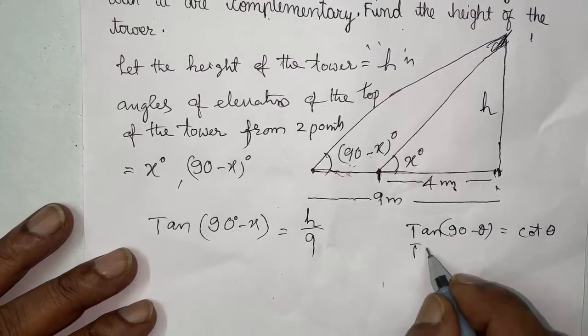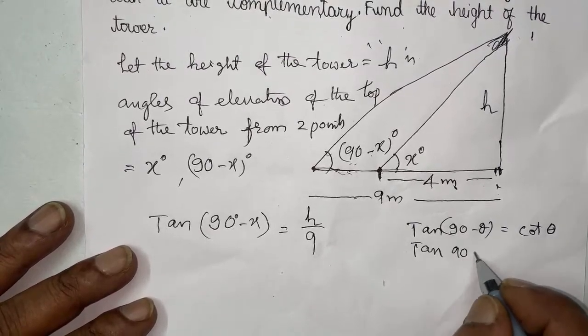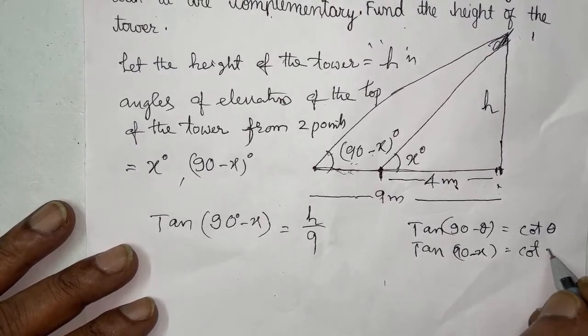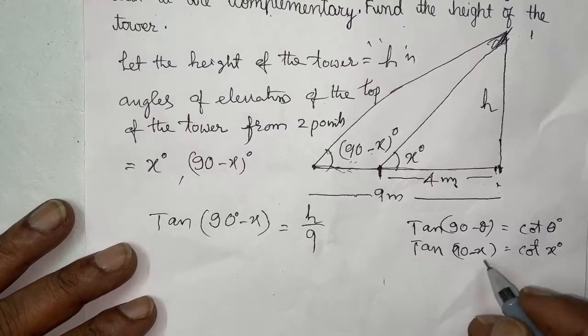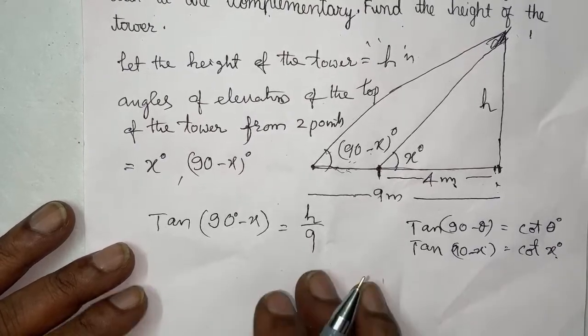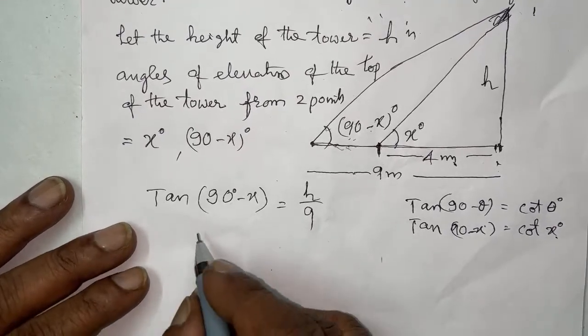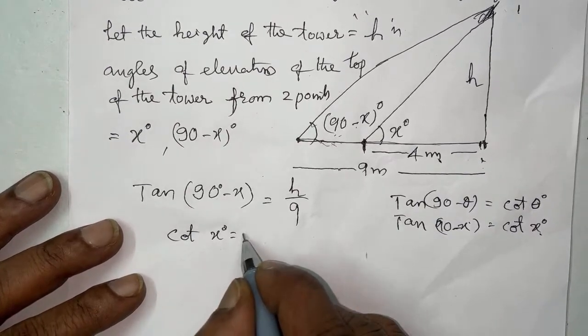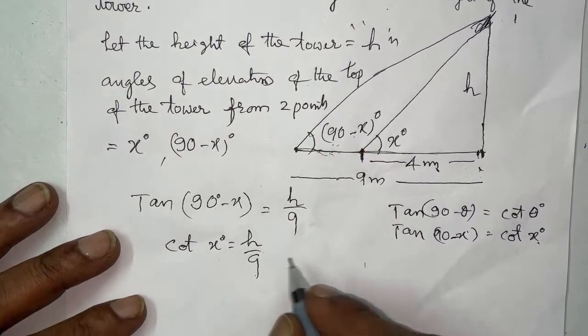That means here tan 90 minus x, automatically cot x degrees will come. So now we are considering this as cot x degrees is equal to h by 9.